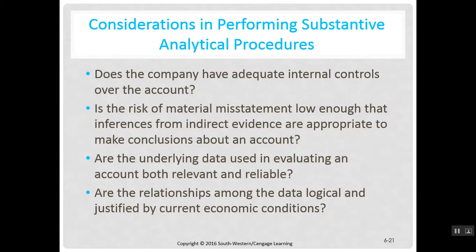And the main question is, do they have adequate internal controls over the account? Are they operating effectively? And is the risk of material misstatement low enough that inferences from indirect evidence are appropriate to make conclusions about the account? We need to check the relevance and reliability of the data, and then understand the relationships.